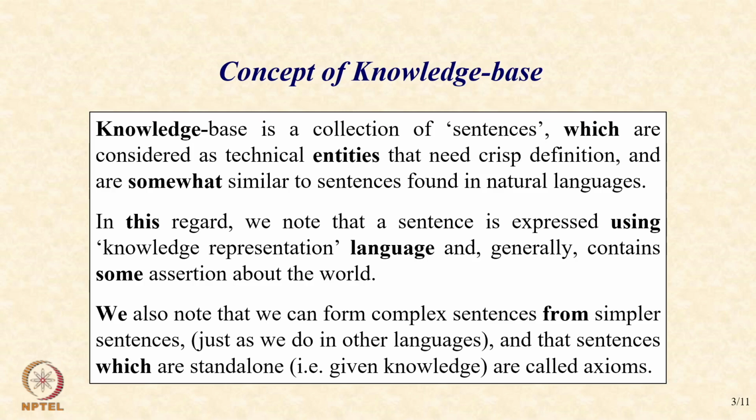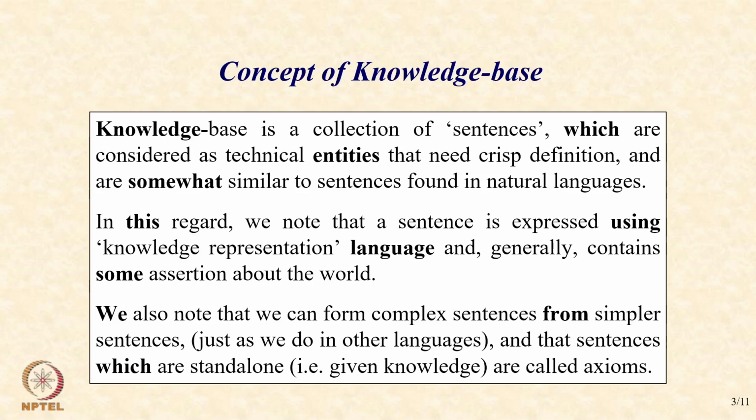We also note that we can form complex sentences from simpler sentences, just as we do in other languages, and that sentences which are standalone, what we call the given knowledge, are called axioms. I am sure many of us who have been used to basic maths, where we talk about theorems which we prove and lemmas, have also met what we call axioms.